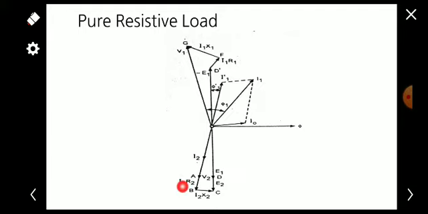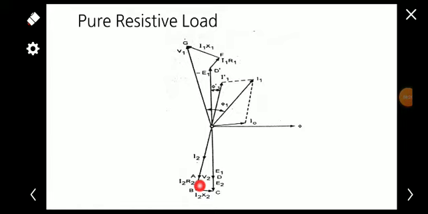This voltage drop I2 into R2 will be in phase with the current I2 flowing through the resistance. So we can draw this I2 R2 from this V2.